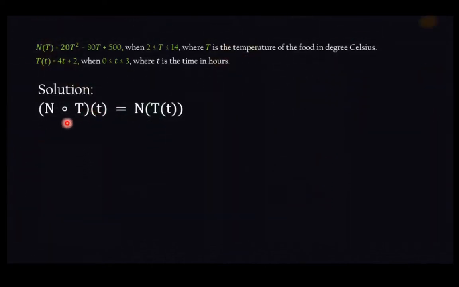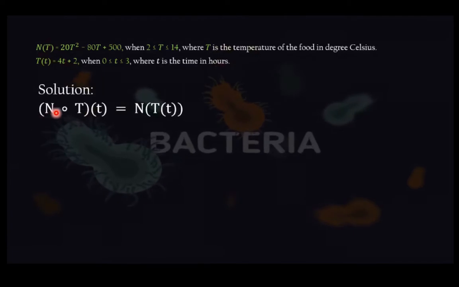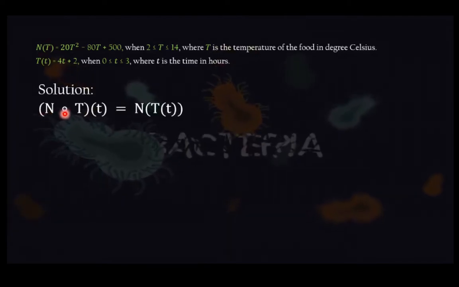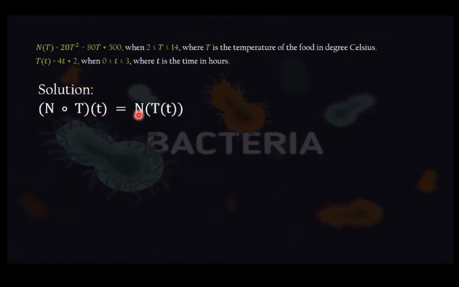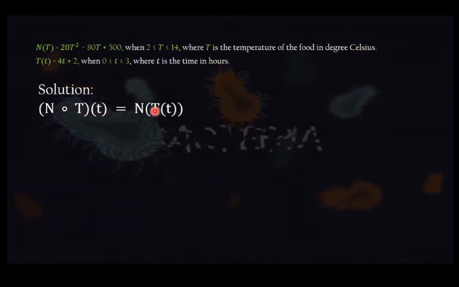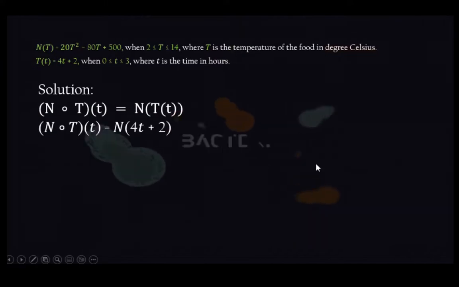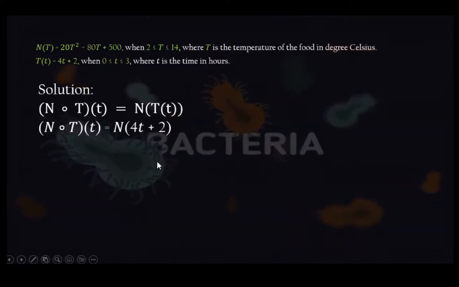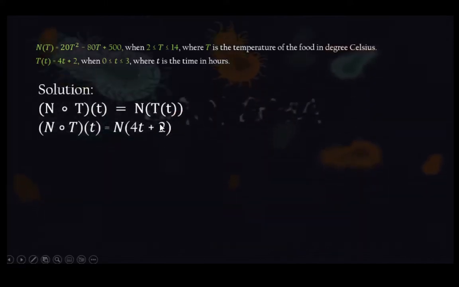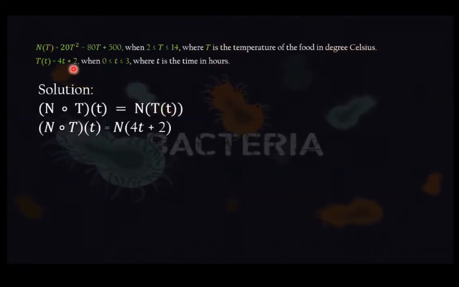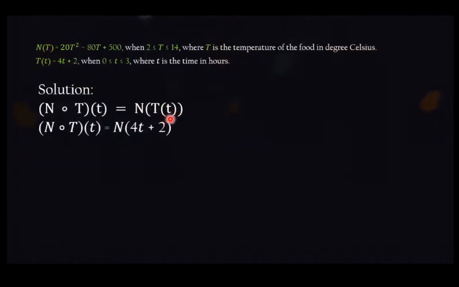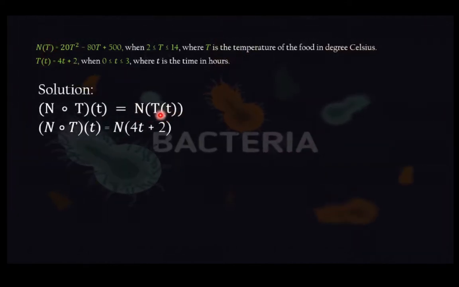We write this composition of function. The composition of N and T at the given time equals the number of bacteria of T of the given time. We all know that the temperature within the given time is 4t plus 2.